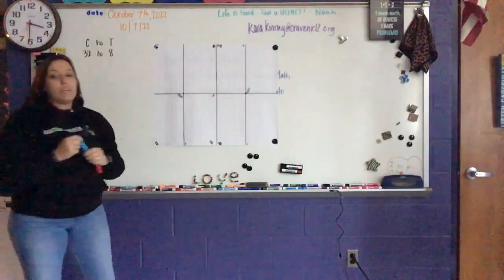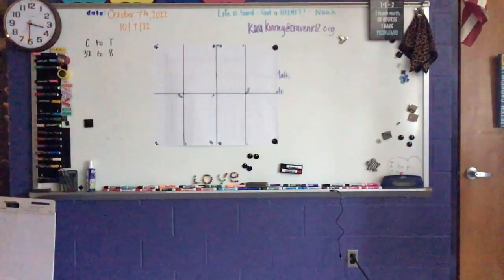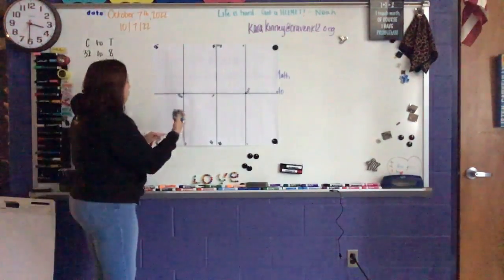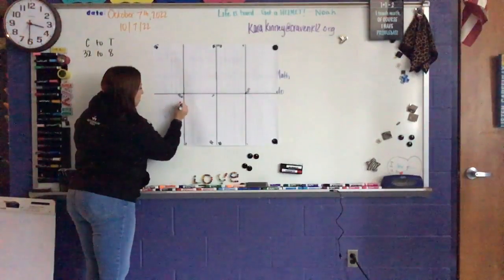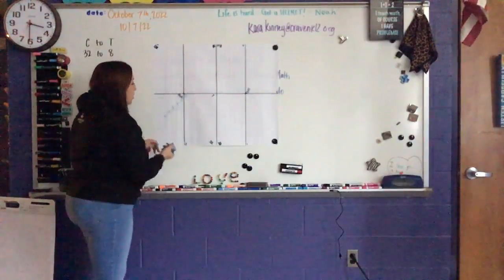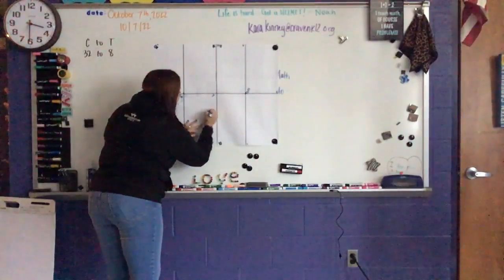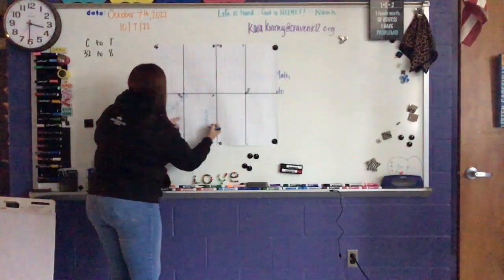So you have battleships, we're going to do 6, 5, 4, 3, 2. That's how big your battleships are. You can go diagonal: 1, 2, 3, 4. You can go straight up and down. So that was 5.